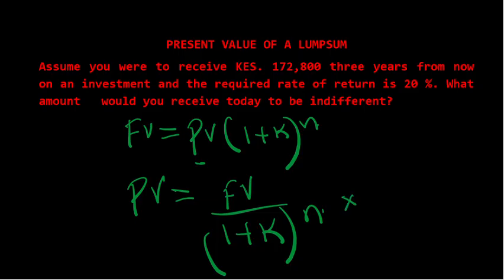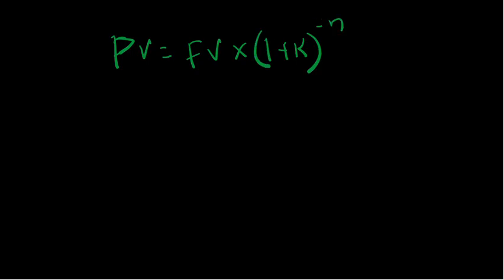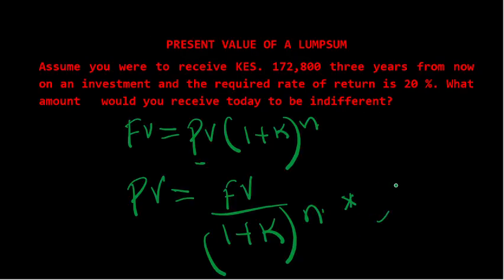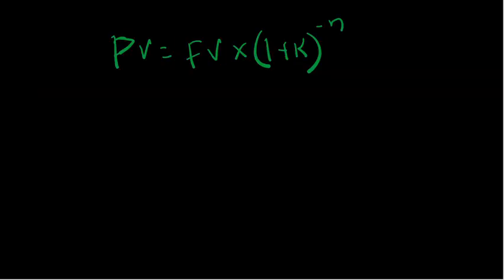And this formula can actually be written as: the present value is equal to the future value times (1 plus k) raised to negative n. We can rewrite this formula that way, so that the present value is equal to the future value multiplied by (1 plus k) raised to negative n.